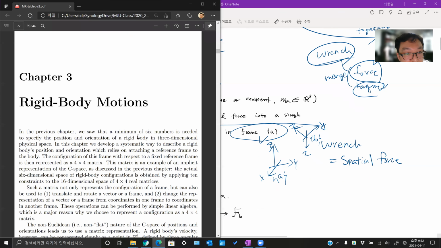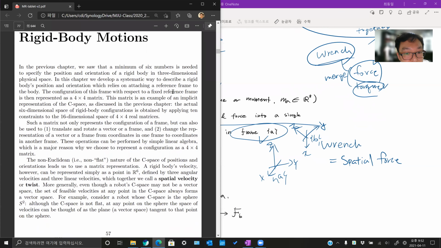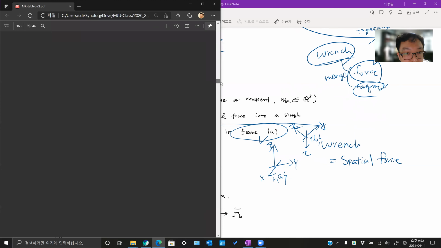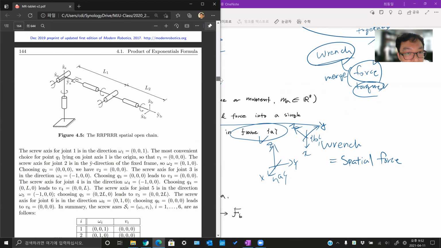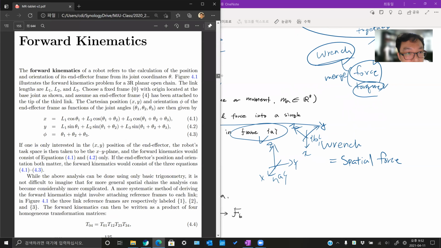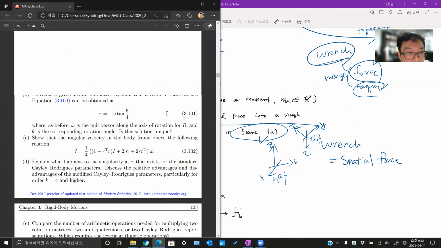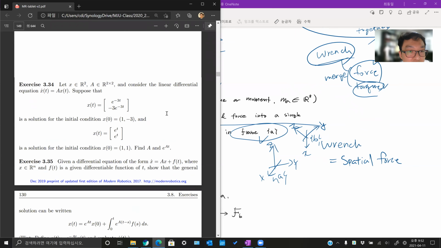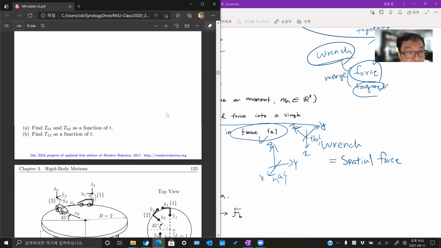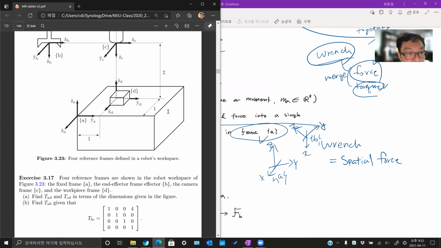Actually, the wrench is written by some kind of symbol similar to F, but not the F. Okay, let us show those.